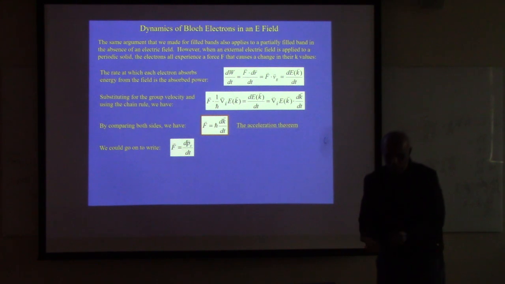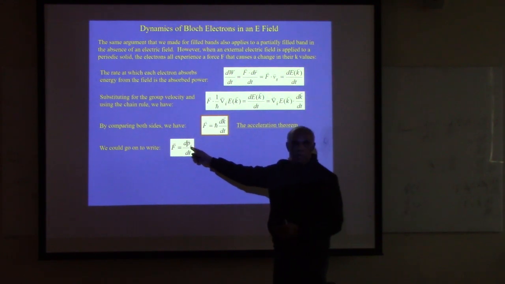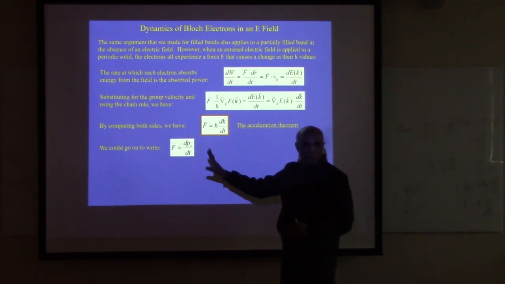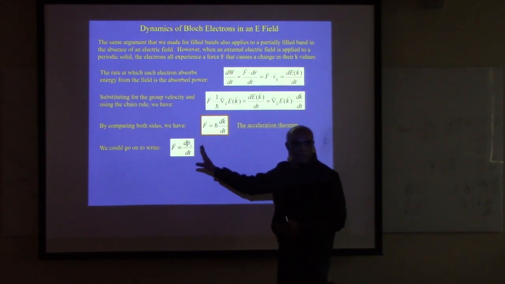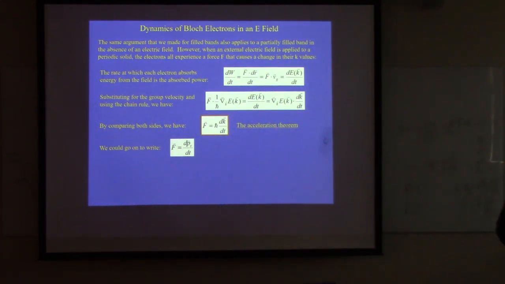Really you have a force coming from the lattice also, right? So for that reason we don't call this electron momentum. We call it crystal momentum, same as with phonons, because if it is real momentum you need to have the total force. Because there are two things happening, right? You apply force from outside, then you have force coming from the lattice on the electron.